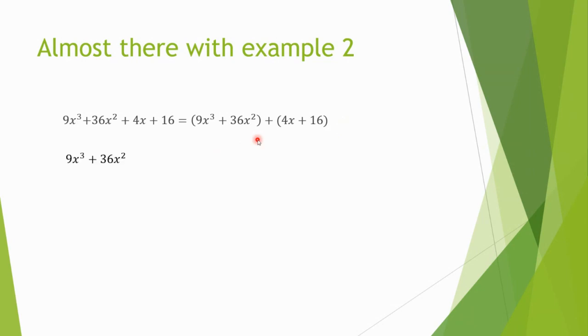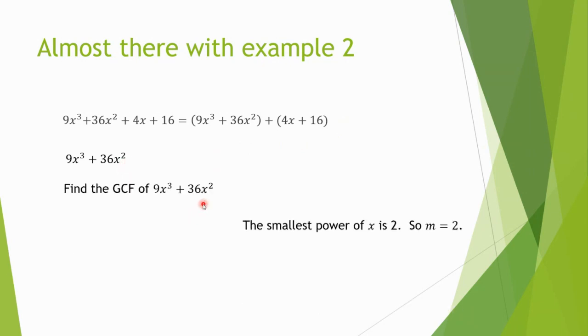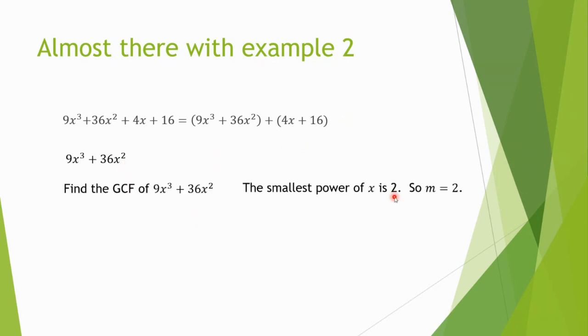Okay, so let's handle the first one. Well, the smallest exponent of x is 2. So that m is going to be 2, right? Now, it was on the previous slide, but you have the slides now because I posted them and I emailed them to you. 9 and 36, their biggest common factor is 9 itself. 9 is actually a factor of 36.